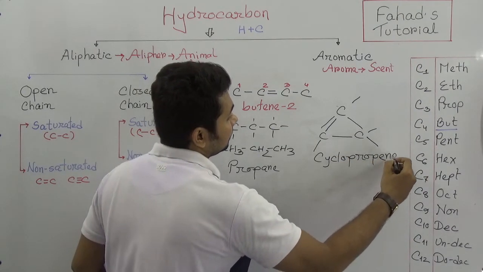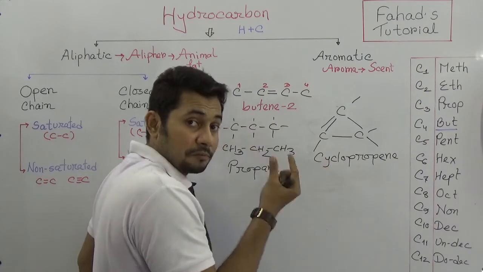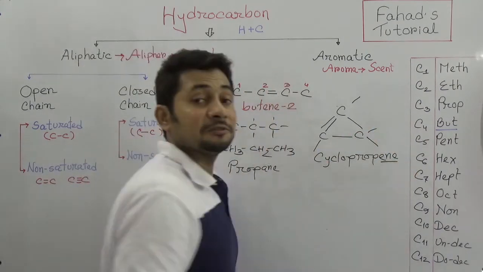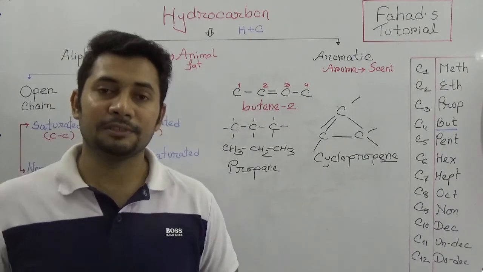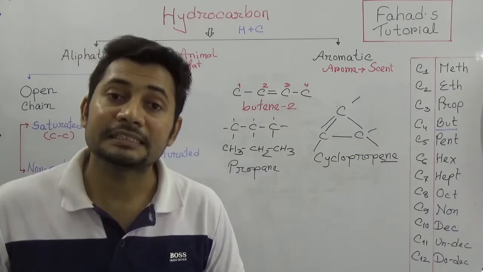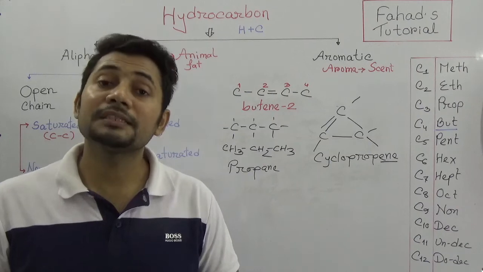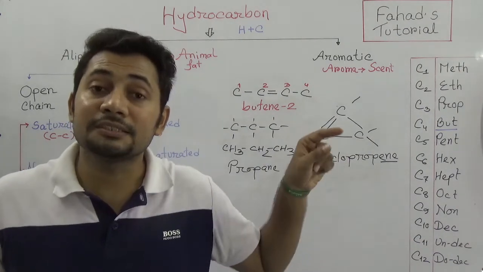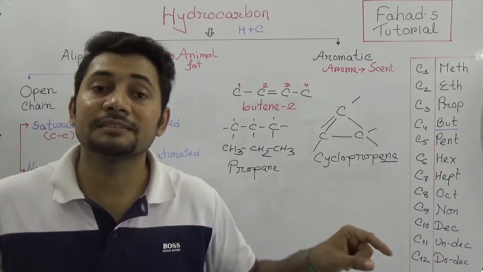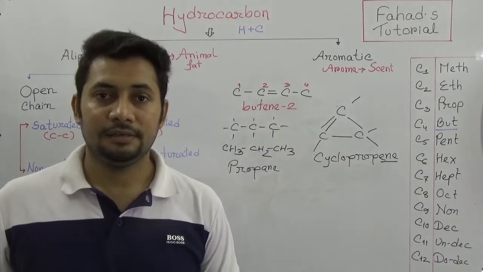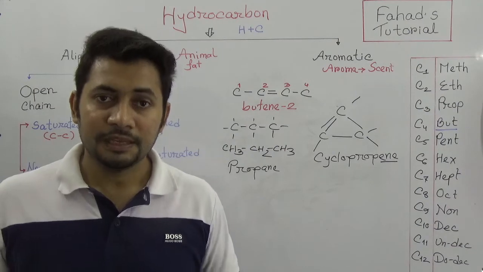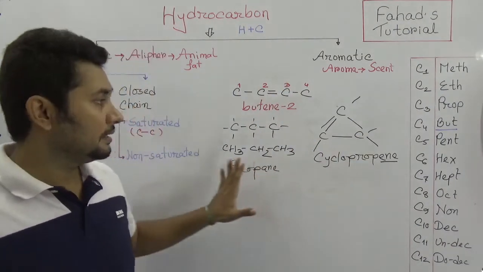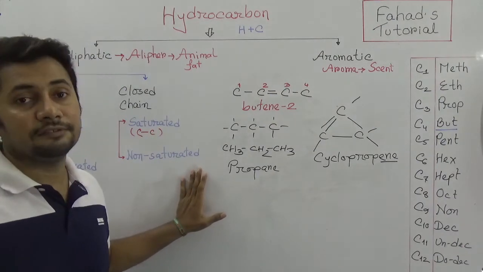So at the end of the word prop, we said ene, because there is a double bond. So when there is a double bond, we must consider this as a member of alkene. When there is a triple bond, we must know this is a member of alkyne, and these are the functional groups. I'm coming up with the next video regarding these naming, but these are all the types of hydrocarbon.